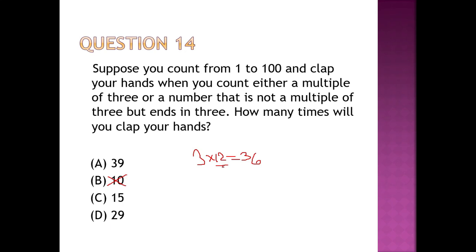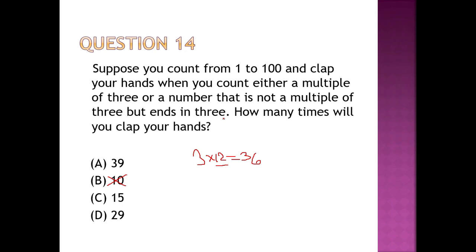But remember that part of the question is that we look for numbers that are not multiples of 3 but end with 3. We have numbers like 13 that end with 3. That is not a multiple of 3, because a number becomes a multiple of another number when it can be divided without leaving a remainder. That's the basic idea of what a multiple is.